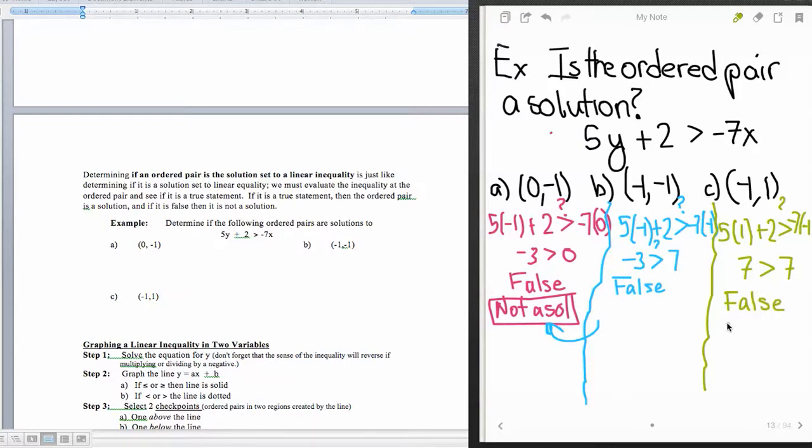What we have here is actually a special case, where we see an ordered pair that's on what we call the boundary line. In this particular inequality, the boundary line is not part of the solution.